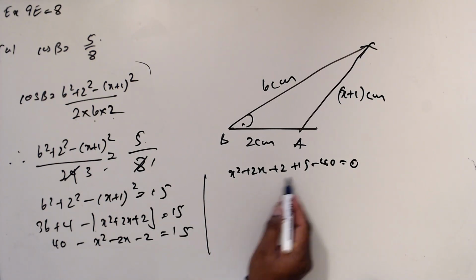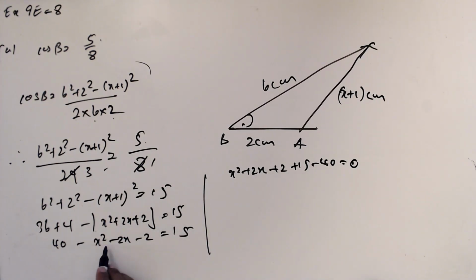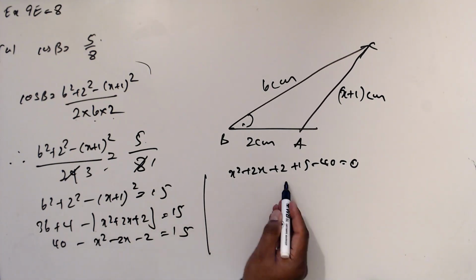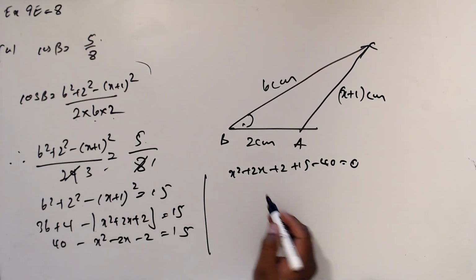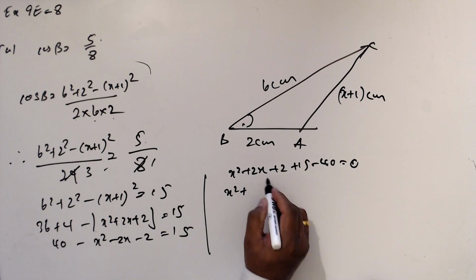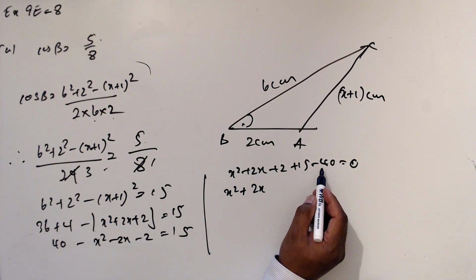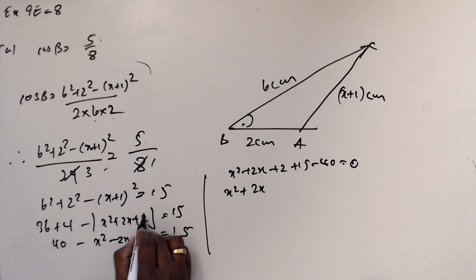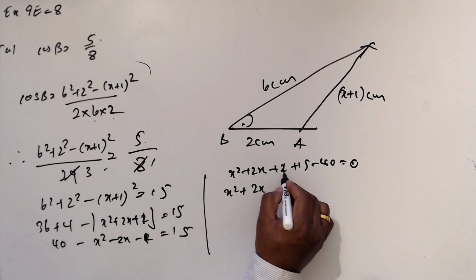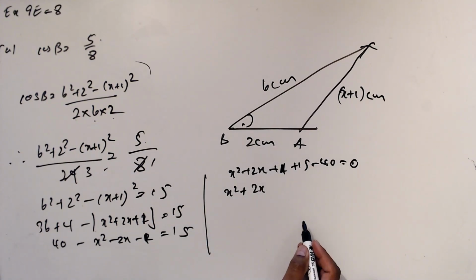So 15 is positive, negative numbers become positive, positive numbers become negative. So x square plus 2x, sorry, this is plus 1. It has to be plus 1, then this has to be plus 1.